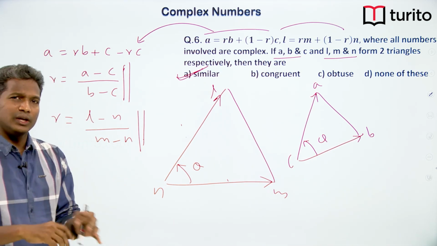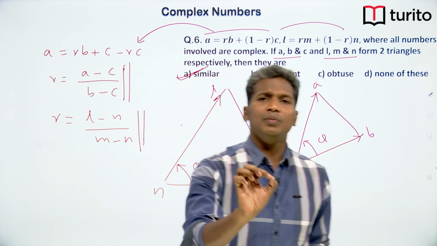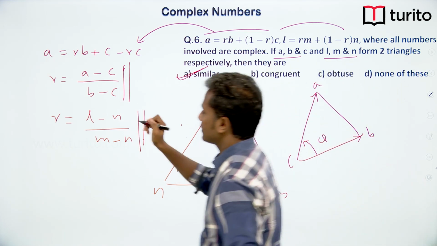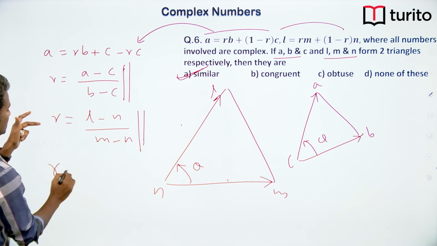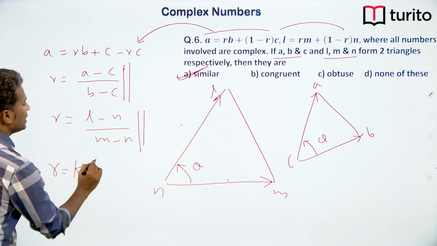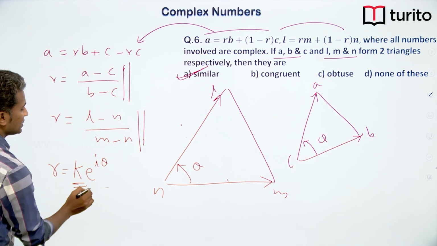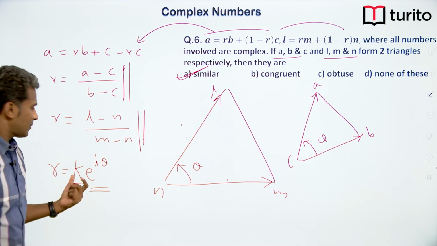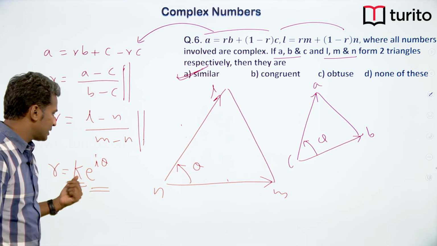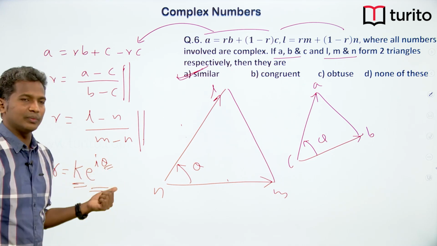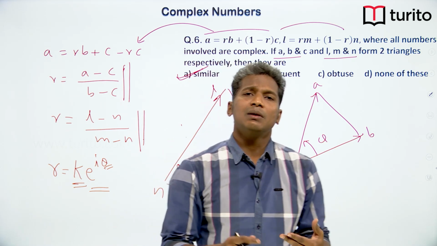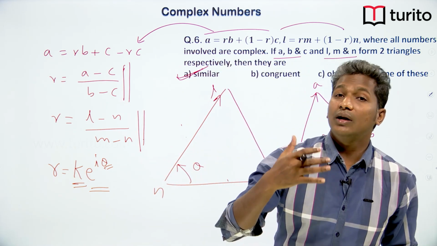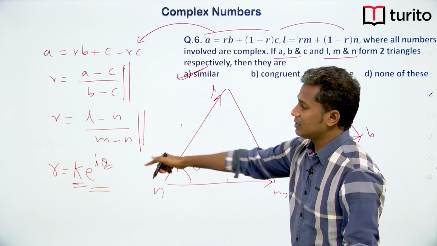Okay. So, now if you have any confusion, probably your confusion point would be this: when these two are equal to r, it can be generally written as k into e power i theta, which is the complex number. Now, k here represents the magnitude, theta here represents the argument. Now, if two complex numbers are equal, then that means magnitude must be equal and angle also must be equal, which is the argument.